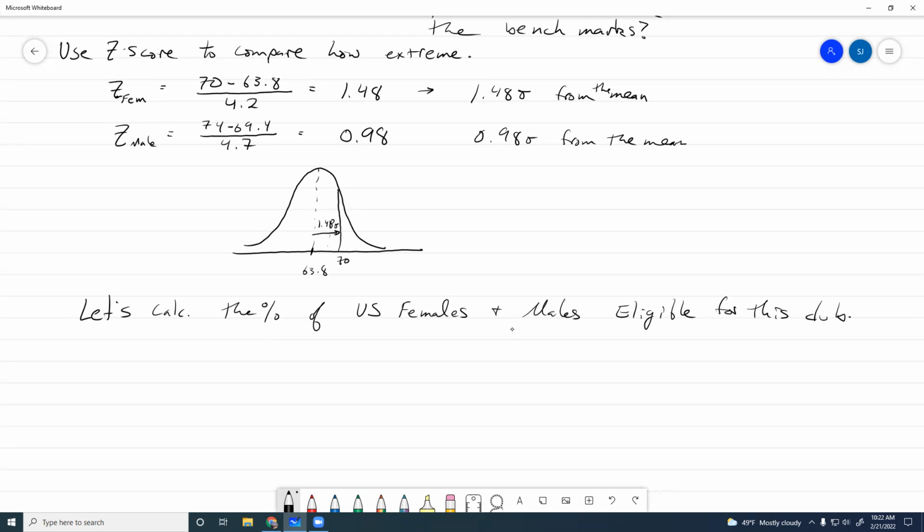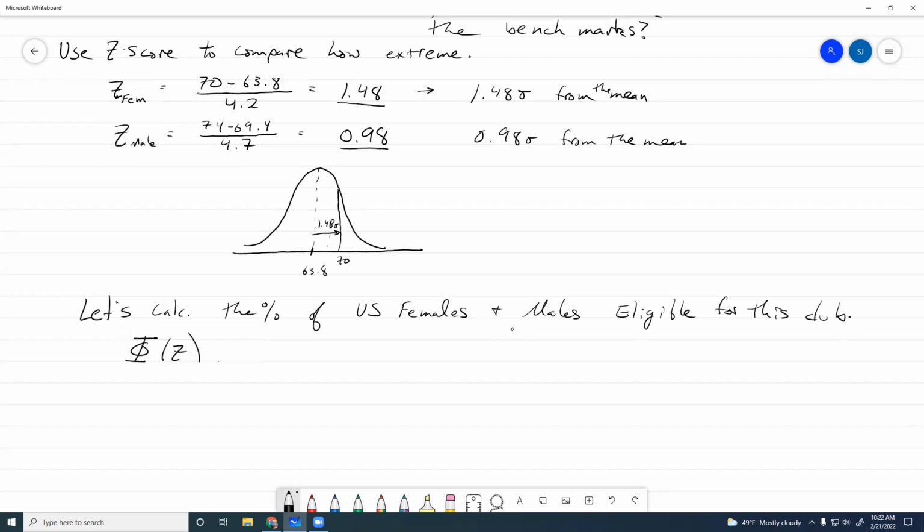We have the z-score, so this is something that we can use. We don't have to calculate the z-score to do this; we could just base it on each normal distribution. But now that we have the z-score, we can use this function phi of z.